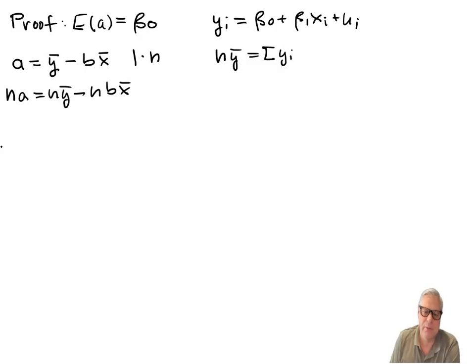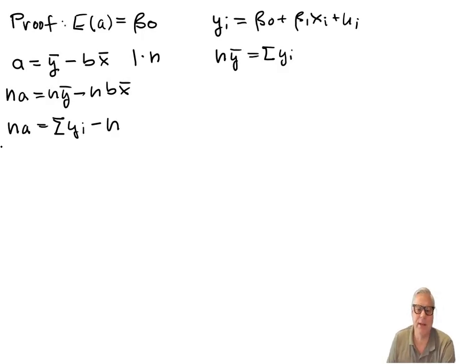So now we can say that na equals the sum of yi, and minus n times b. We already did the expected value of b, which is beta 1, so times beta 1 times x bar.